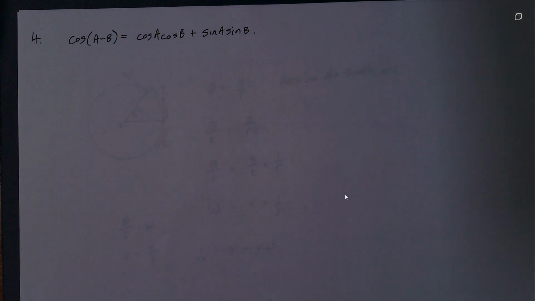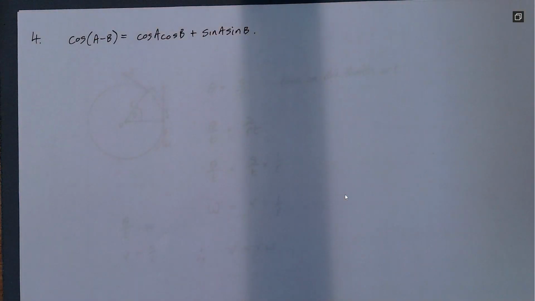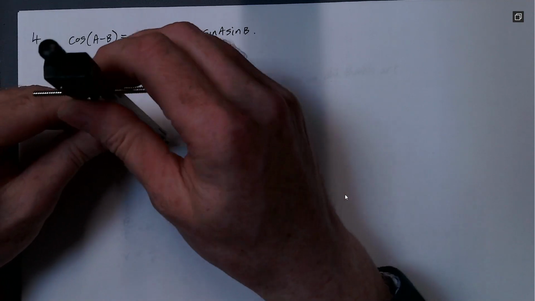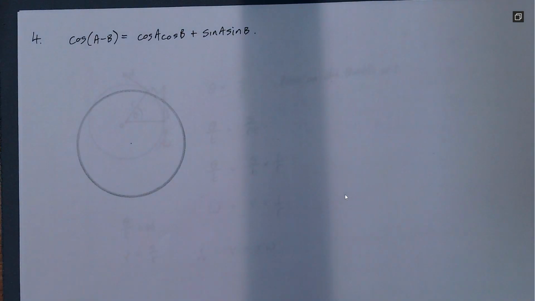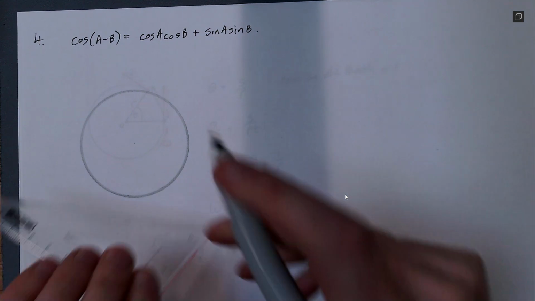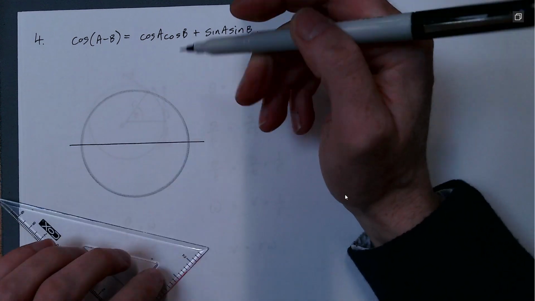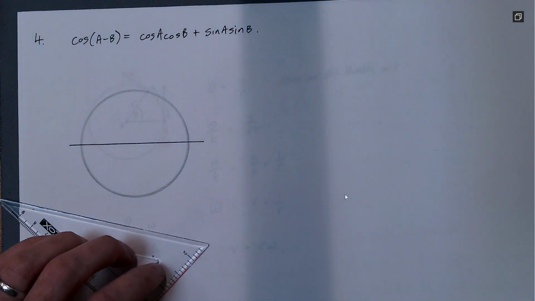Now, for the proof, we draw a circle. We use a compass to draw the circle. This is the general proof, and we make it using the unit circle.